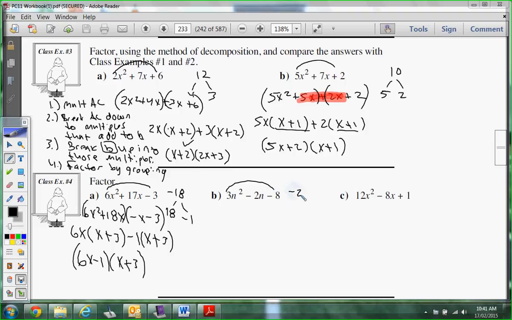Okay. Negative 6 and 4. Okay, good. What's the 6 go better with, the 3 or the 8? Yeah, 3 is fine. Okay. All right, good. All right, Bethan, what do we want to do now?